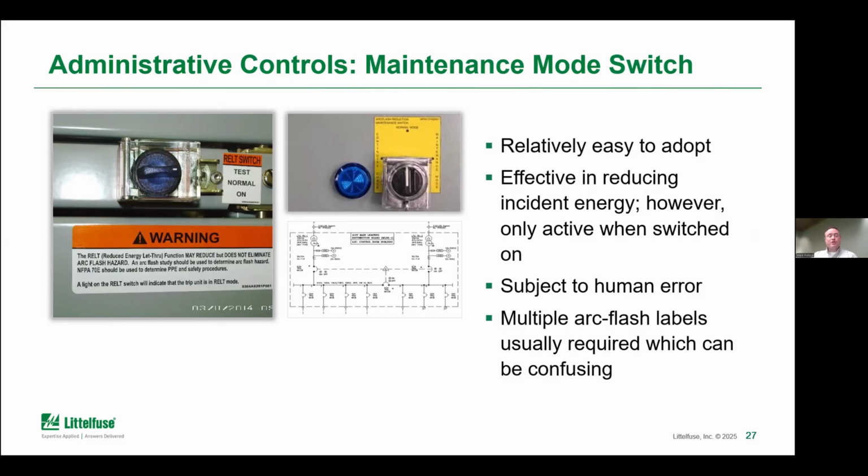And essentially, when you turn it on, it puts the breaker into a very fast acting mode. And so then it reduces that energy rating while it's in that fast trip mode.